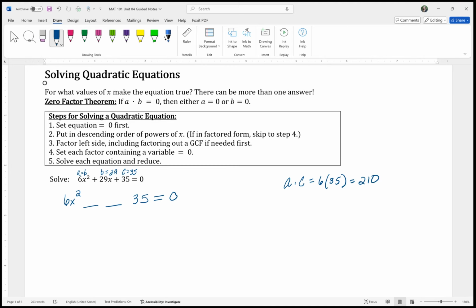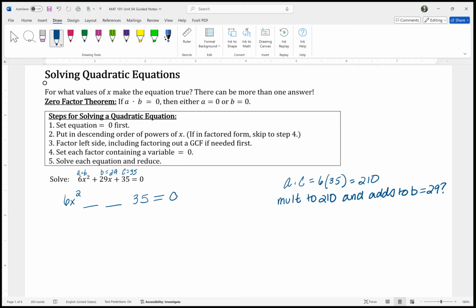Remember, we're thinking to ourselves what multiplies to A times C, again in this problem it's 210, and adds to B. B in this problem is 29. That's our question. And in order to figure this out, we are going to take our A times C, that 210, and list all the possibilities of what times what gives us 210, or what are our factors that will result in 210, and then we're trying to figure out which of those adds to B.